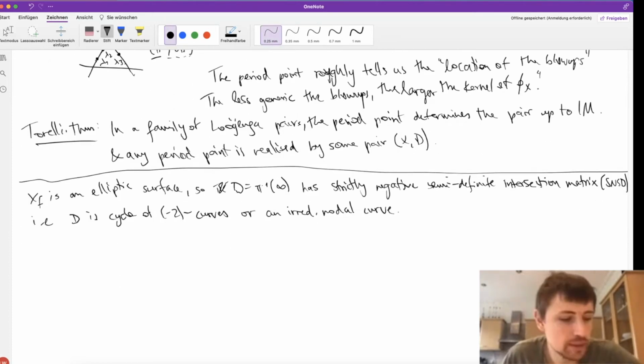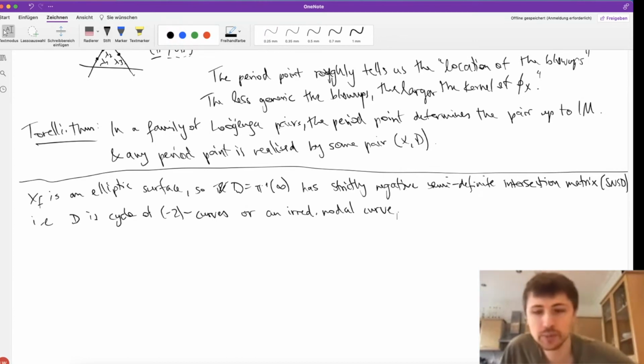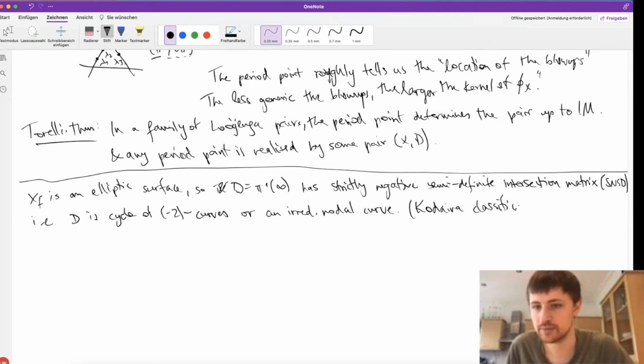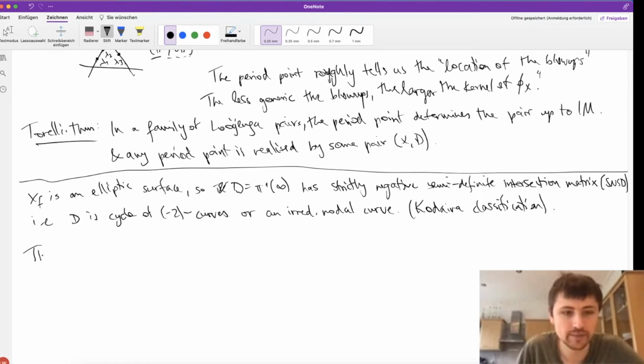And the reason this is true is that we know from Kodaira's classification of singular fibers of elliptic surfaces that in every reducible fiber, all the components have self-intersection -2. Now we could ask, can we classify certain families of Looijenga pairs if we assume that D is a cycle of -2 curves or an irreducible nodal curve? And the answer is yes, we can. That's a theorem originally due to Friedman.